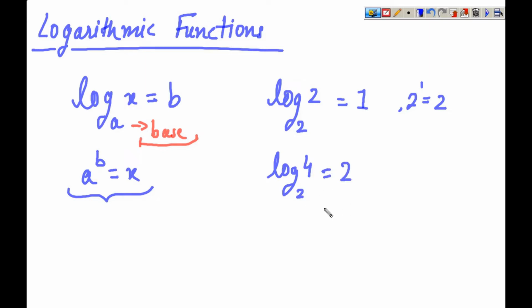This function has a lot of use in engineering and advanced mathematics, which you'll learn in the near future. Here we can see 2 raised to power 2 is 4, and similarly log of half to the base 2 is minus 1.